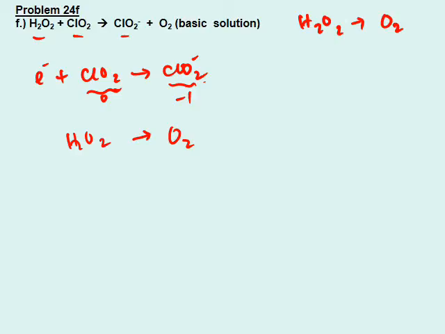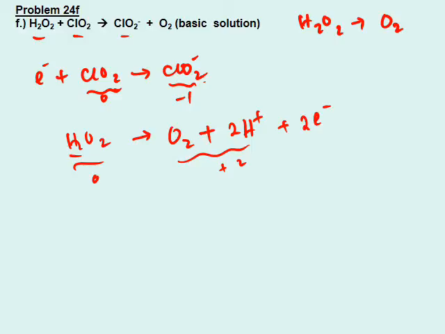Next, balance hydrogen by adding H+. I have 2 hydrogen on the left side, so I must add 2 H+ on the right side. Now I need to balance charges. On the right side I have +2, and I have no charge on the left side. So I must add 2 electrons.